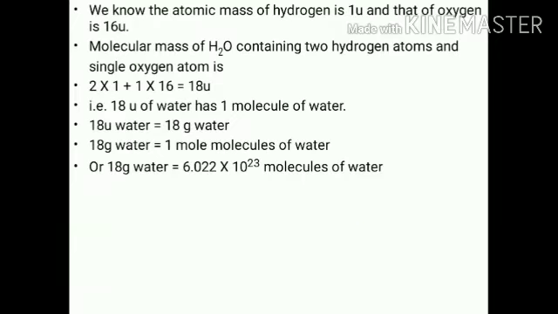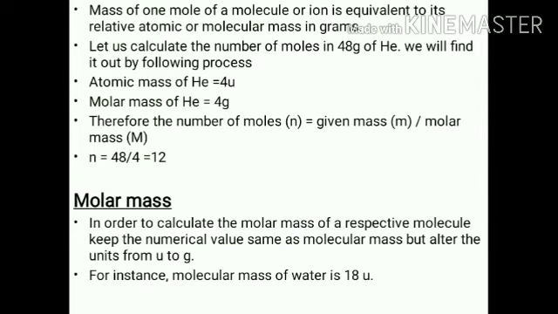Now the next topic is molar mass. Molar mass is also equal to the molecular mass. First we have to find the atomic mass of each and every element, then add them, and you will get the molar mass.